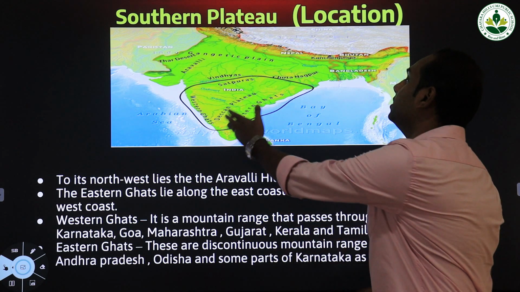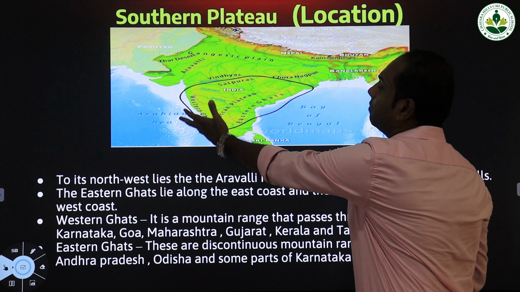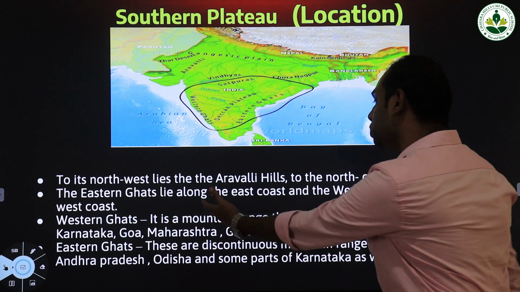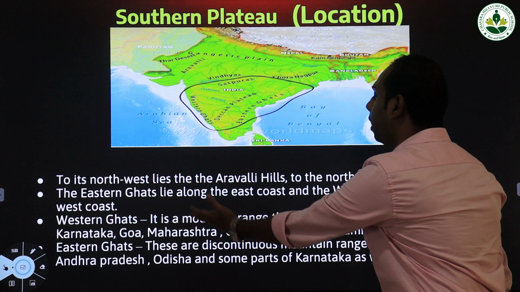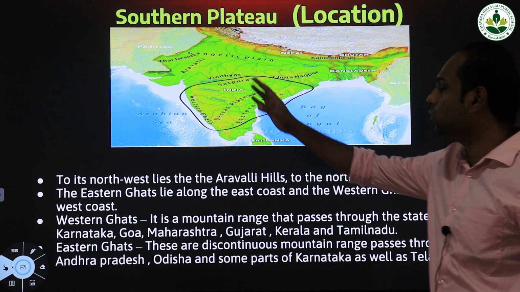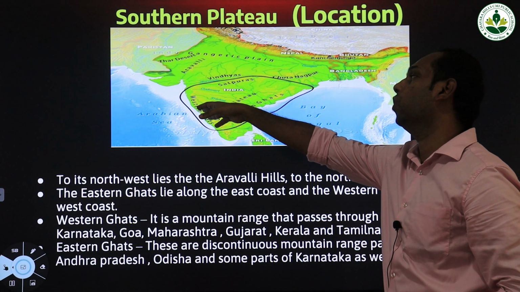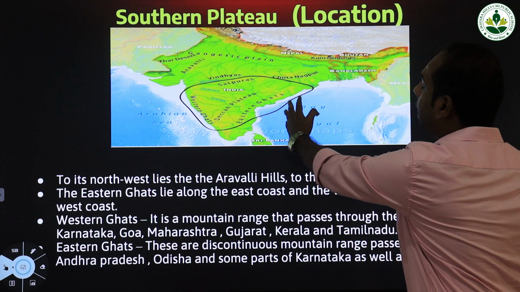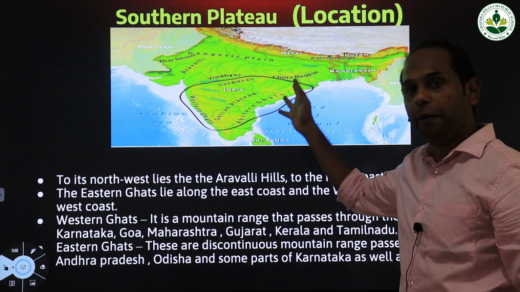So Western Ghats are mountain ranges which are located parallel to the Arabian Sea, and this Western Ghats also passes through the states called Karnataka, Goa, Maharashtra, Gujarat, Kerala, and Tamil Nadu. So in the western part of the Southern Plateau, there is Western Ghats, and Eastern Ghats are there in the eastern part of the Southern Plateau.